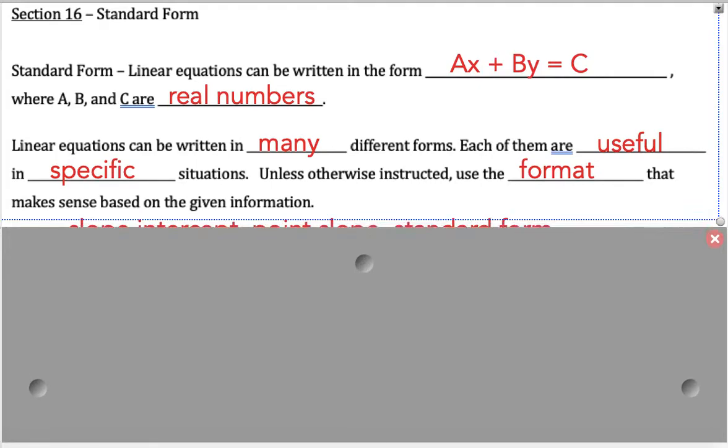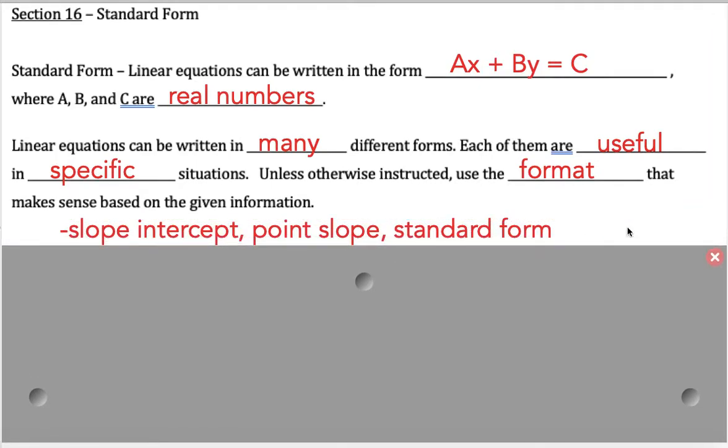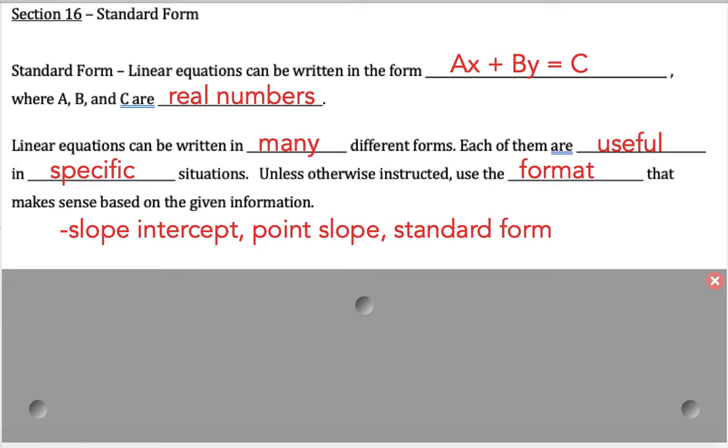So the formats that we've looked at so far are slope-intercept, point-slope, and standard form. Recall that slope-intercept is y equals mx plus b, or y equals b plus or minus mx.